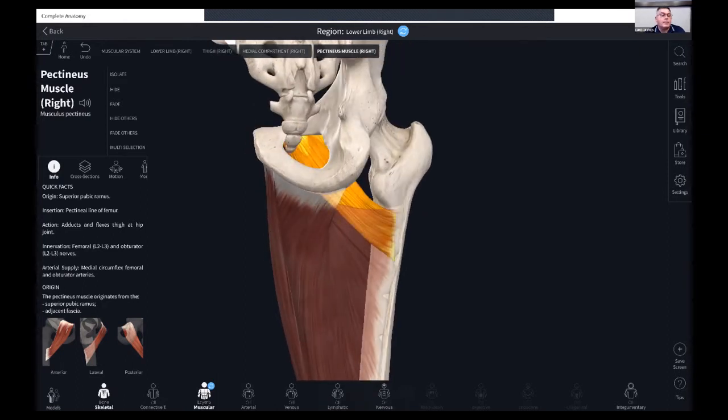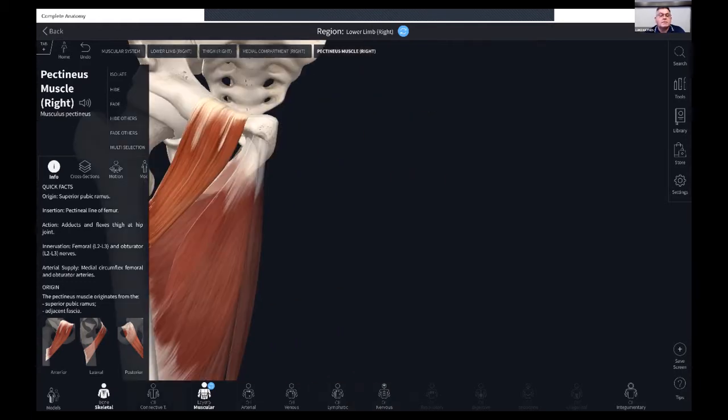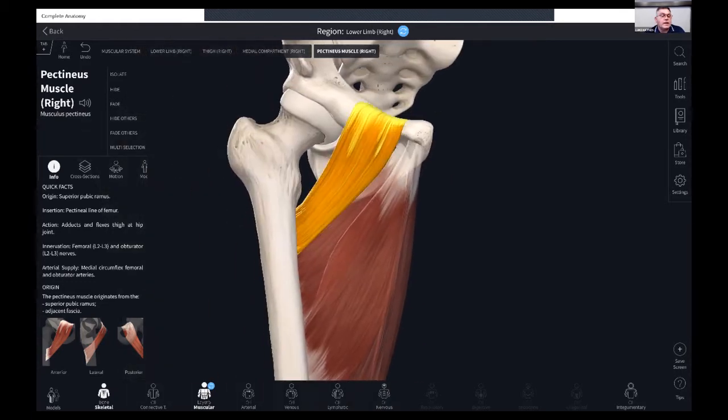Because of that orientation, its action is that it adducts and flexes the thigh at the hip joint. One could be forgiven for arguing that it provides a little external rotation as well. Innervated by the femoral nerve L2-3 and the obturator nerve L2-3.